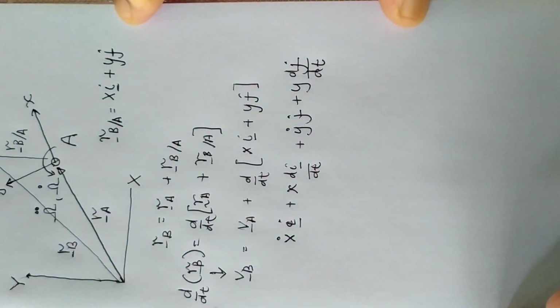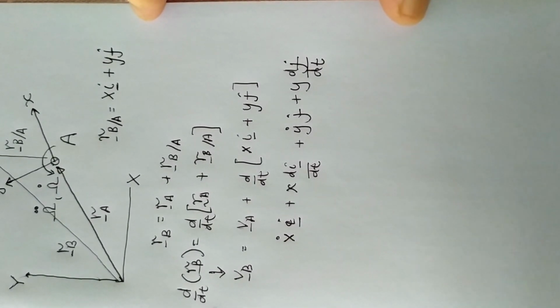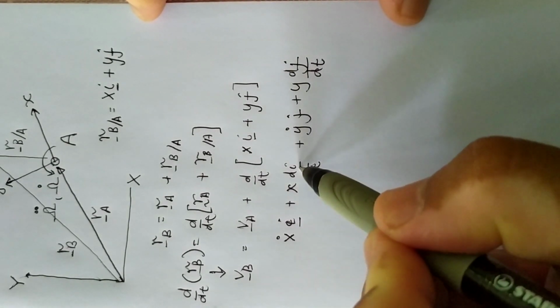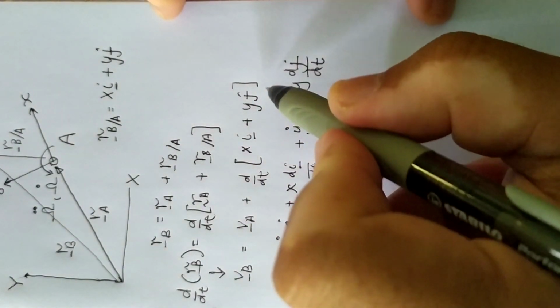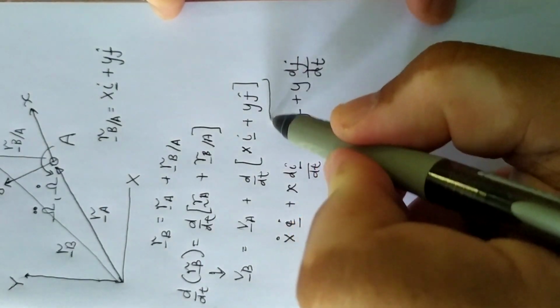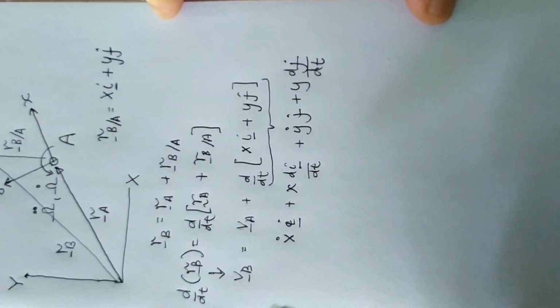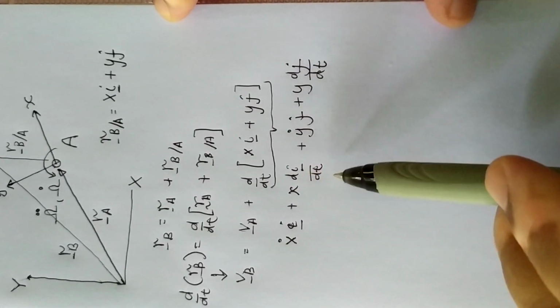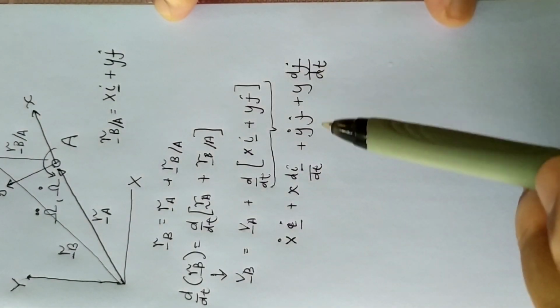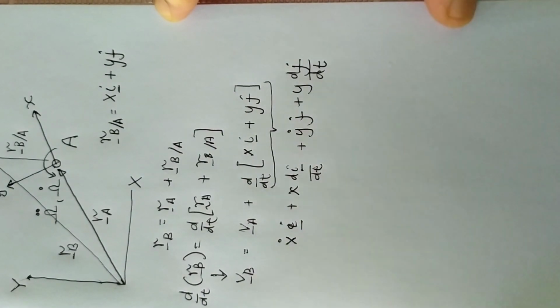Now, if it is a translating axis, we don't have anything to do, there's no change of direction. But here we have a rotating axis. When we do this operation di over dt and dj over dt, something else comes out, and you can refer to many books.